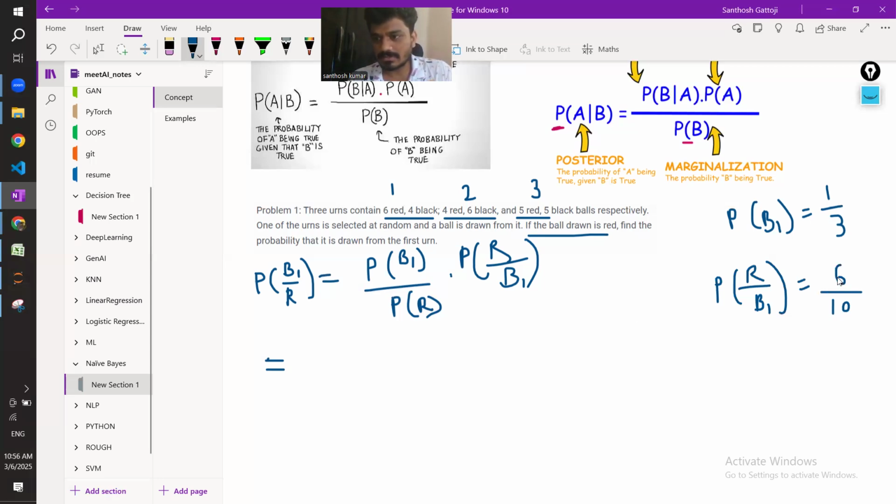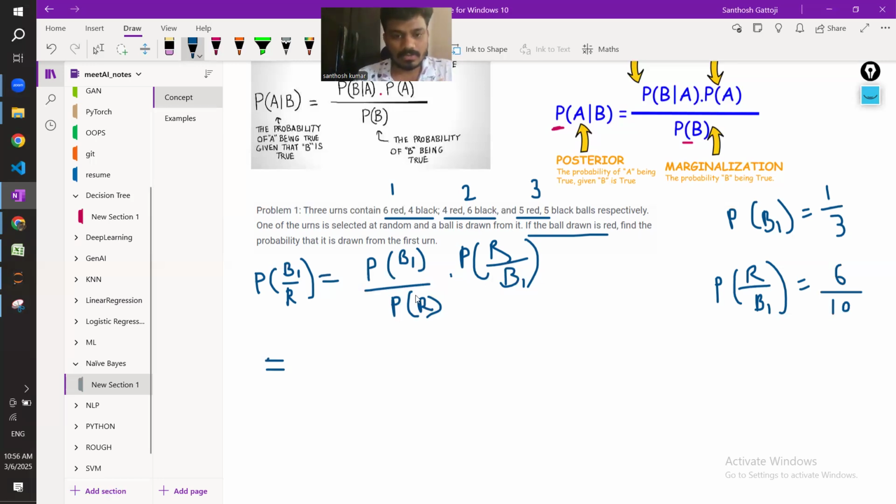So probability of red, given that it is box B1, is 6 by 10, because B1 has overall 10 balls, and in that red are 6. Same thing here: overall boxes are 3, and in that B1 is 1. Clear?